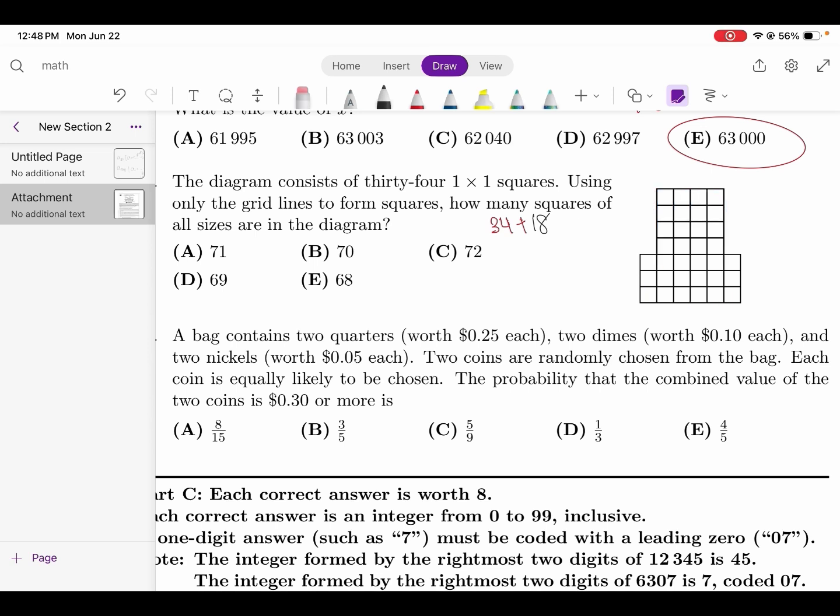So then that's 34 plus 18 in the middle. And then if you consider those with an extra square to the side, there's 1, 2, 3, and 4. So then you add 4. And so there's 22 2x2 squares.